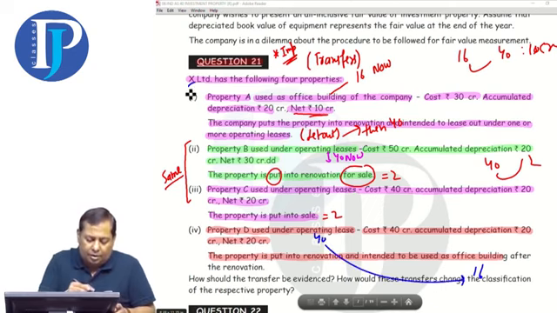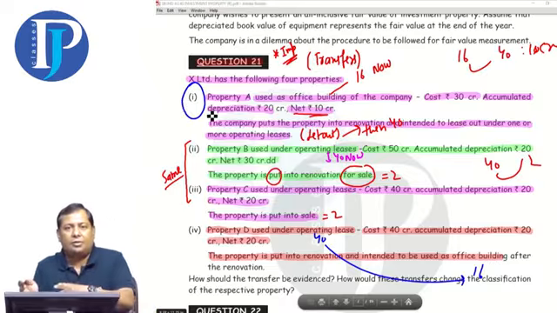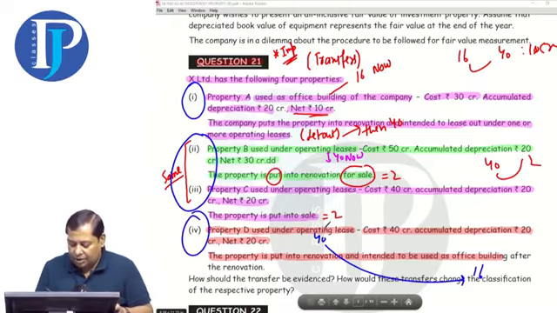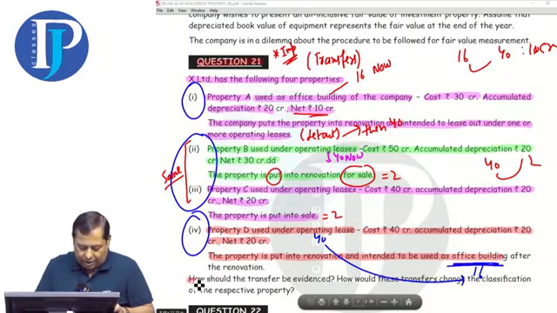The first case is from 16 to 40. In the next 2 cases, we are going from 40 to 2 and this is going from 40 to 16. The space that was rented before will now be used as the office building. How should the transfer be evidenced? How would these transfers change the classification of the respective property?